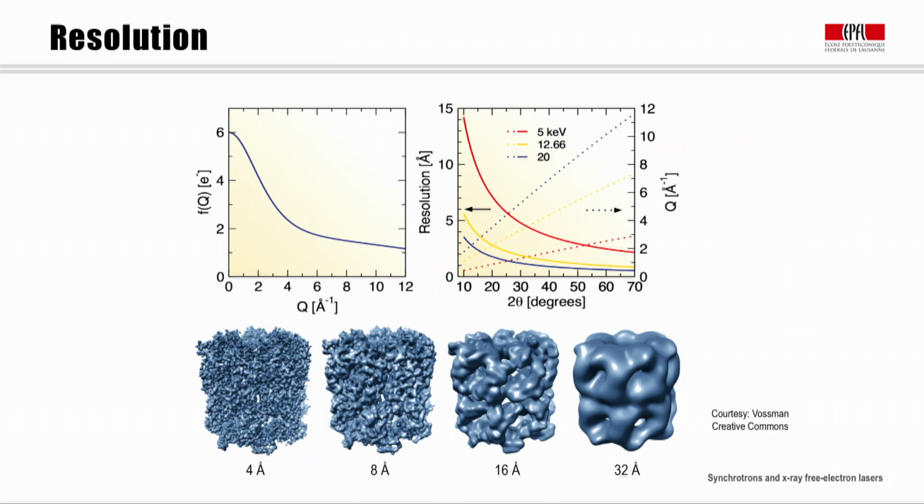Now we might decide to record with a higher resolution in order to pick out in more detail the structural features. So we switch to, for example, 12.66 kiloelectron volts. This, by the way, is the K absorption edge energy of selenium, an atom often substituted for sulfur in order to carry out anomalous diffraction experiments described later in the course.